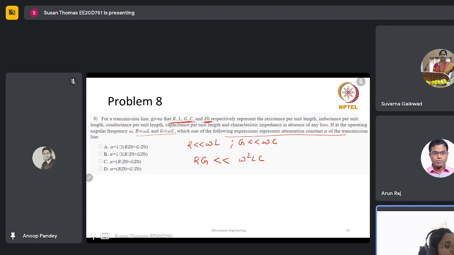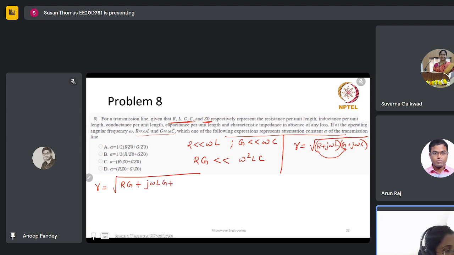Now let us look at the expression for gamma. We know the propagation constant gamma is the square root of (R plus j omega L) into (G plus j omega C). If I expand, it is RG plus j omega LG plus j omega RC minus omega square LC.